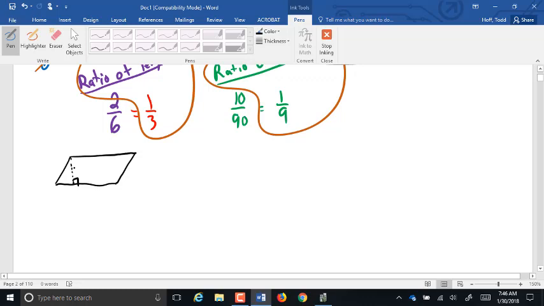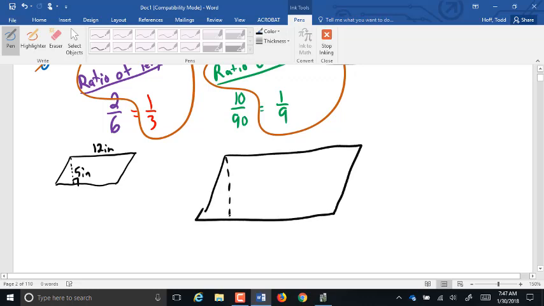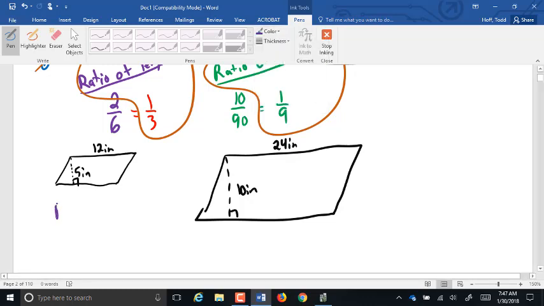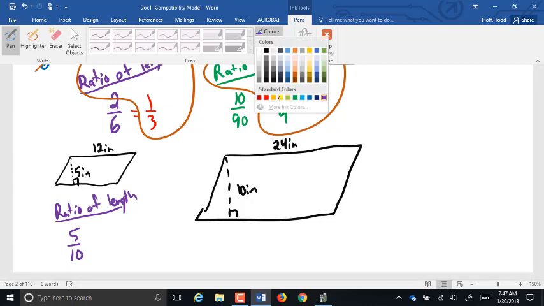So let's say that that is 5 inches and 12 inches. We blow this up so that this is 10 inches and 24 inches. What is the ratio of lengths? Well, I either do 5 to 10 or I can do 12 to 24, right? Yeah, either way, you're exactly right. It reduces to either 1 to 2 or 2 to 1.